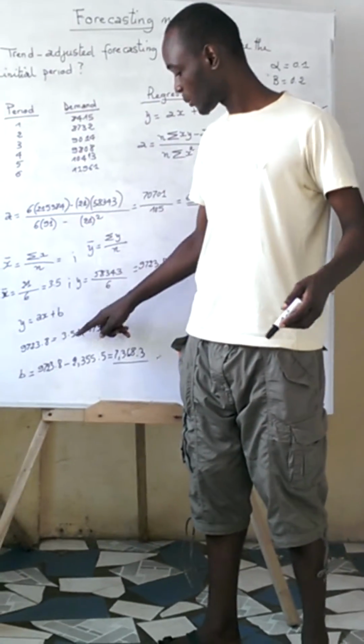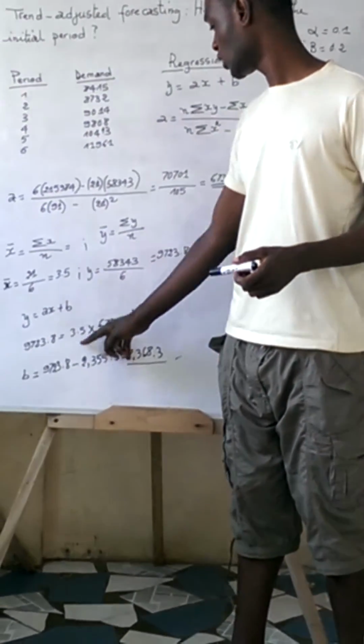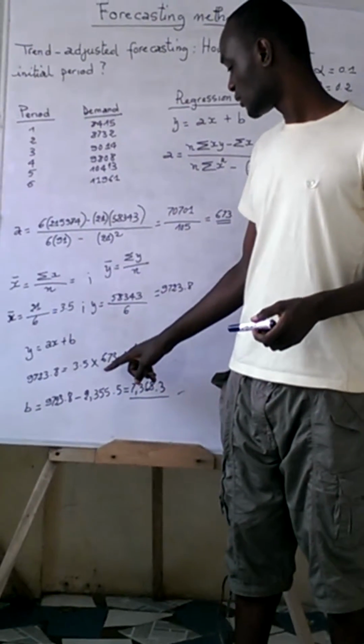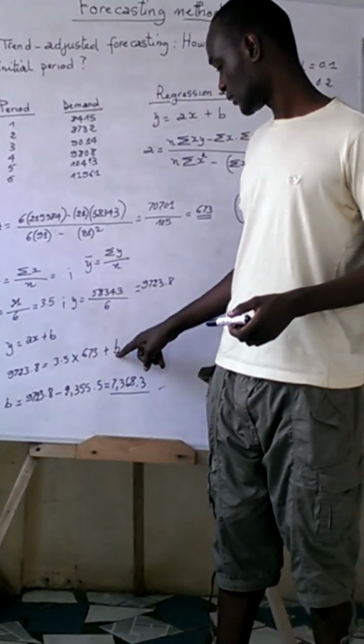In this equation, we're replacing each variable. A, the gradient, is replaced by 3.5 that we calculated here, times X. Okay?